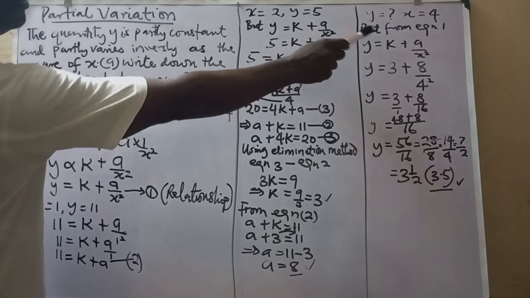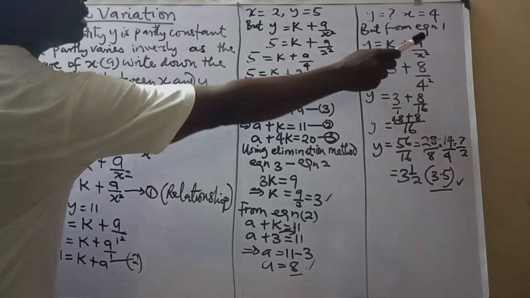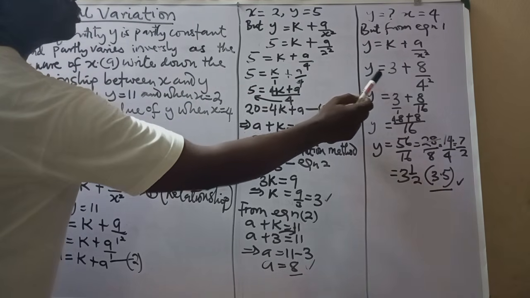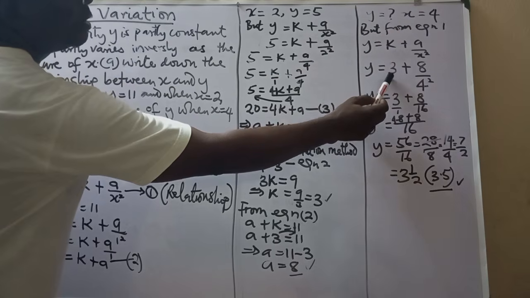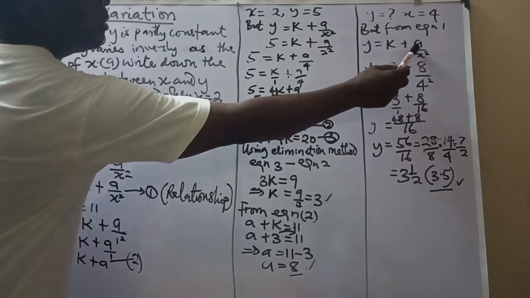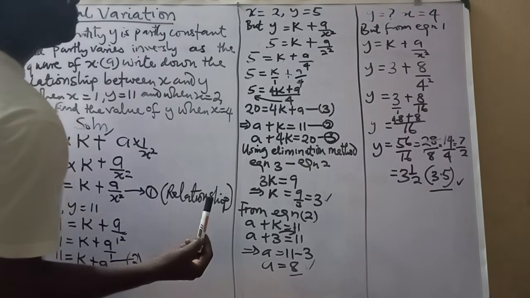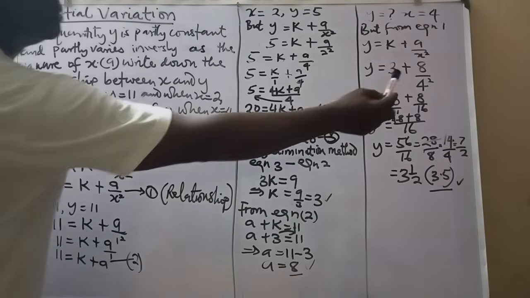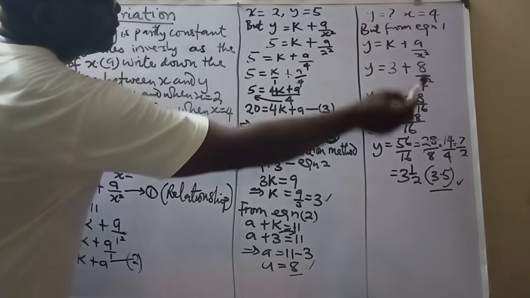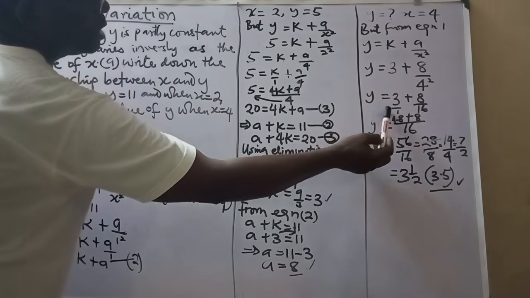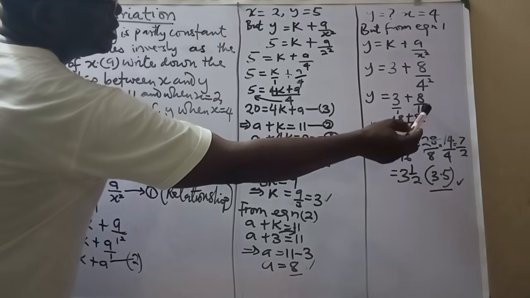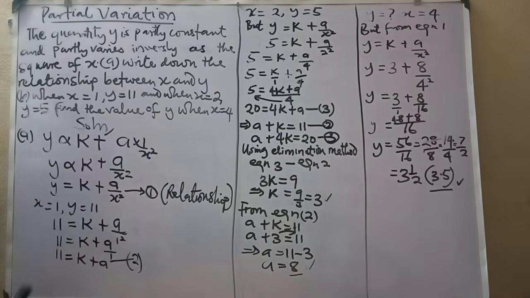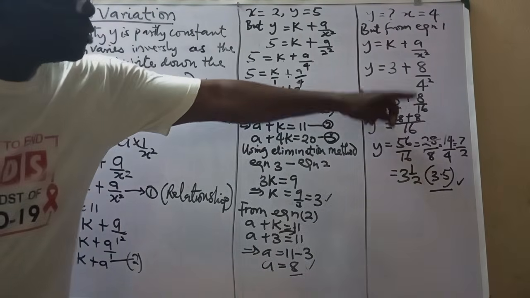By the time you substitute, y is unknown, our k is 3, our a is 8, and our x is 4 squared. So you now have 3 plus 8 over 4 squared. 4 squared will give you 16.